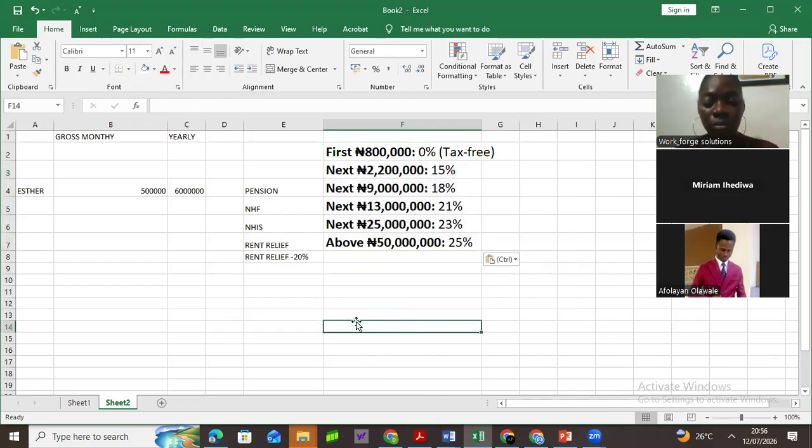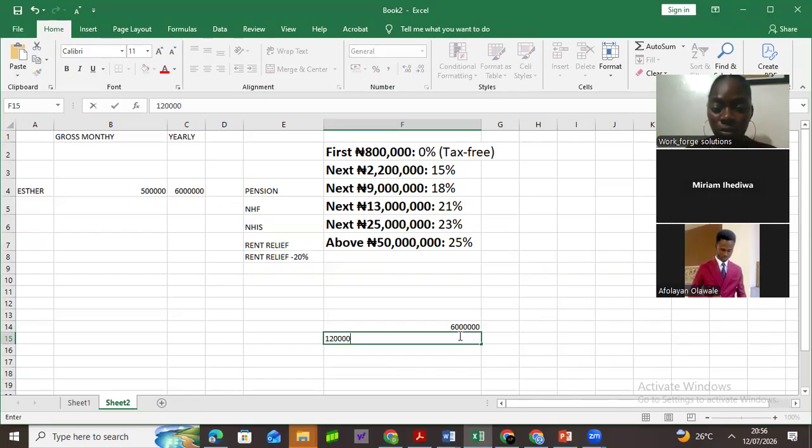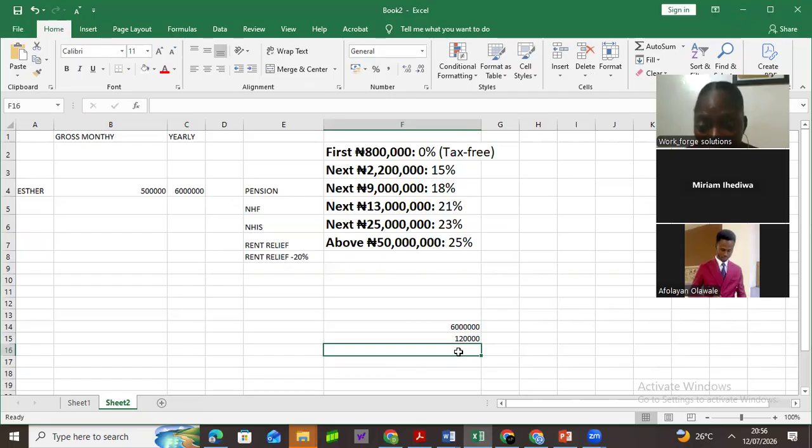So now our monthly gross is 6 million naira, right? Is this 6 million? Yes. We have said that our yearly pension is 120,000. Then our rent is 1.5 and 20% of 1.5 is 300,000.